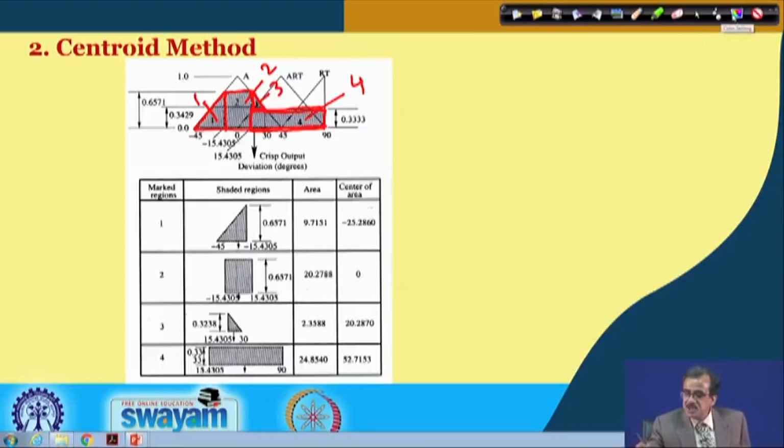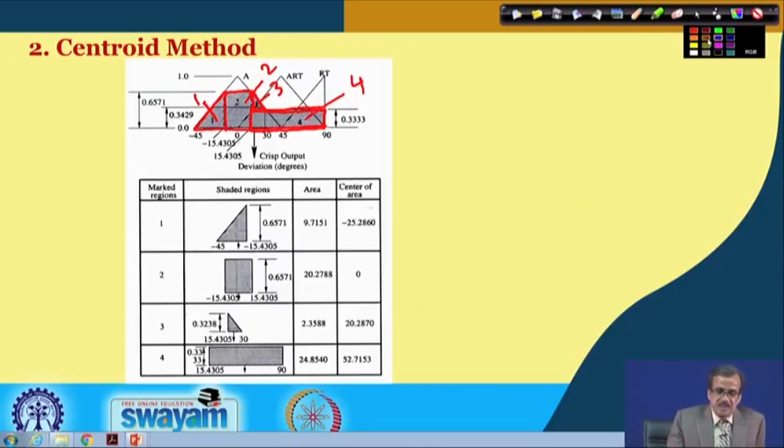Now, if I concentrate on each of these regular subregions, for example subregion 1, it is a triangle. I know the dimensions, so very easily I can find the area of the triangle, and I can also find the center of area using the 2/3, 1/3 principle.